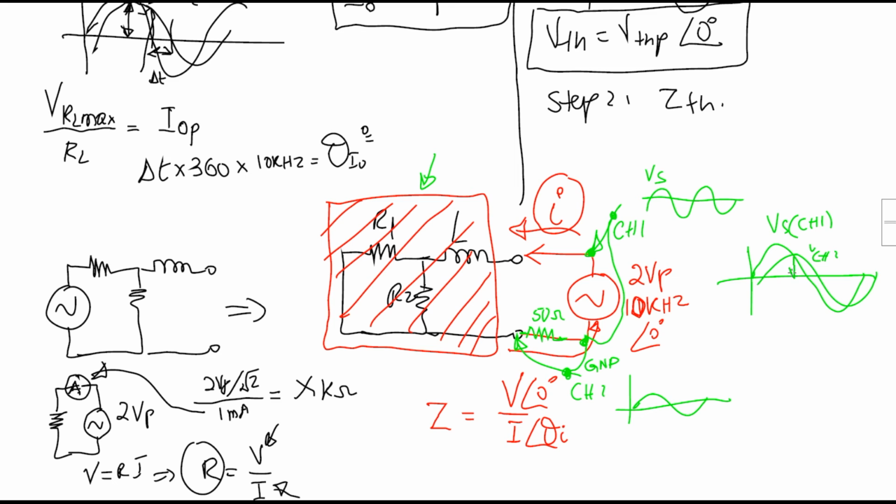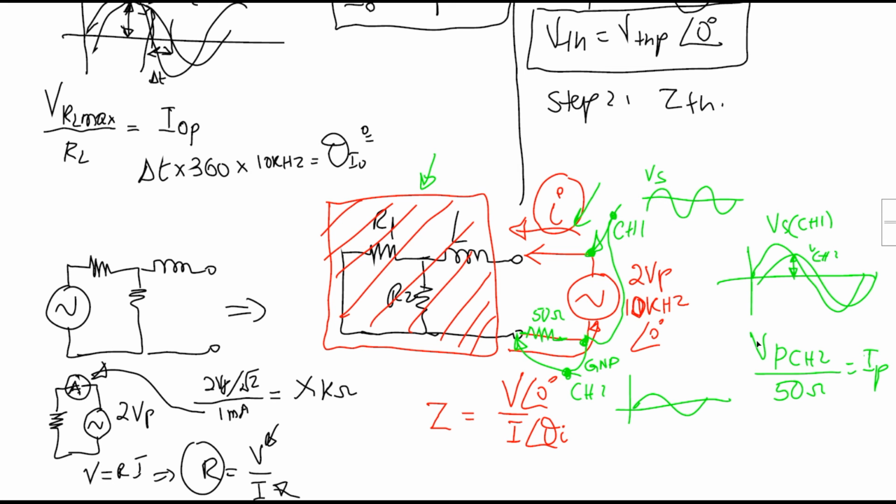If we take the max of this V channel 2, so V max or peak for channel number 2, and divide by 50 ohm, because this resistor will give us the image of the current. It's like our mirror to see the current flowing inside this box and coming back to our source. So V peak of channel number 2 divided by 50 will give me I peak, which is this one.